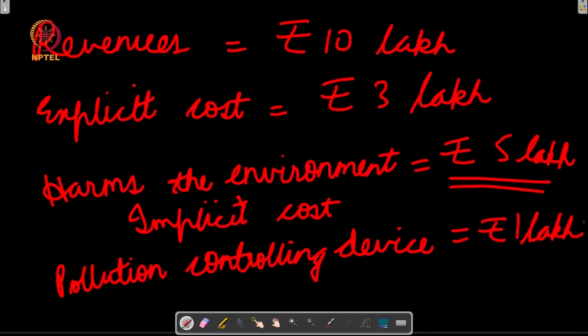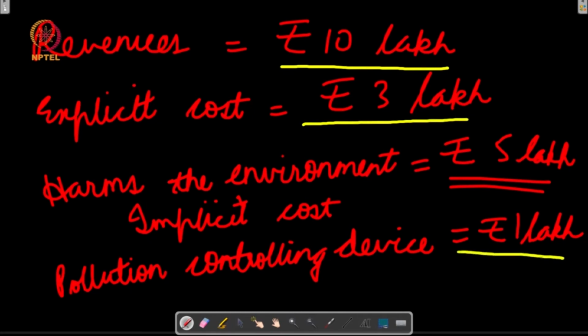Now, let us look at the view of this firm from an accounting point of view. From an accounting point of view, the accountant would say that the net revenues are 10 lakhs, the explicit cost is 3 lakhs, but if we install this device, then the explicit cost would be 3 lakhs plus 1 lakh is 4 lakhs. So the explicit cost increases when the pollution controlling device is installed.